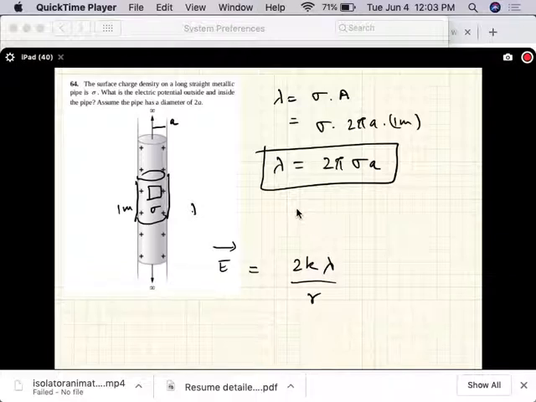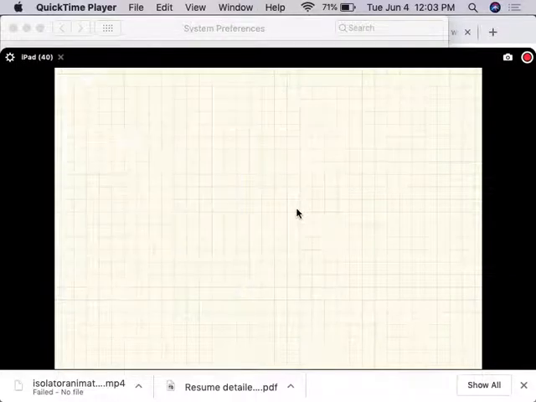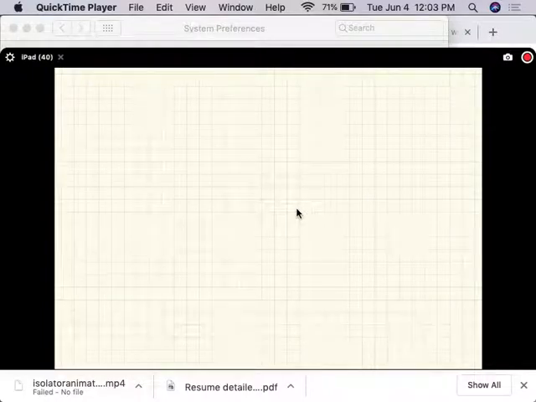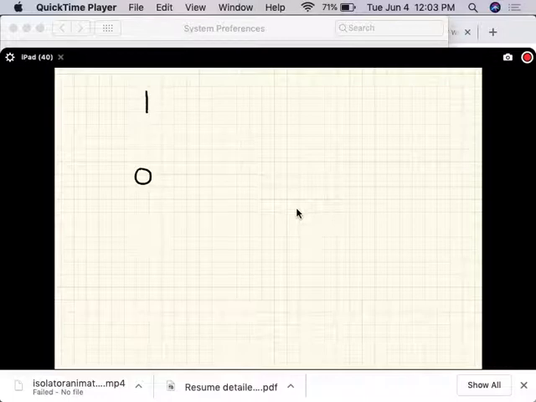All right. So now what we'll do is take a top view. So here's the pipe. Here's the electric field. It's pointing radially out. So we know that V is high here and V is low in that direction.